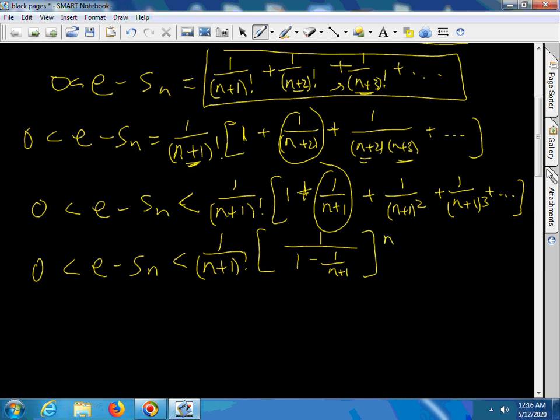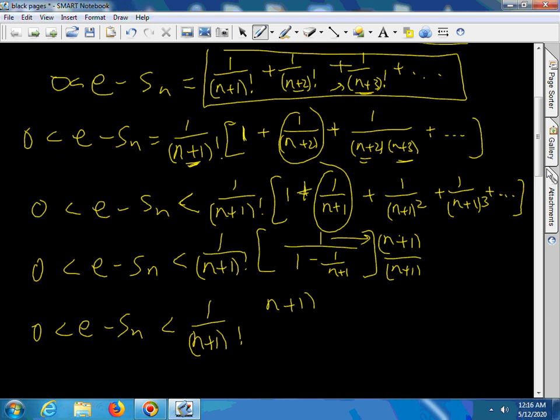If I multiply the top by n plus 1 and the bottom by n plus 1, which in effect is multiplying by 1, which is allowed, I get less than 1 over n plus 1 factorial times n plus 1 over, 1 times n plus 1 is n plus 1, minus that product is just 1.